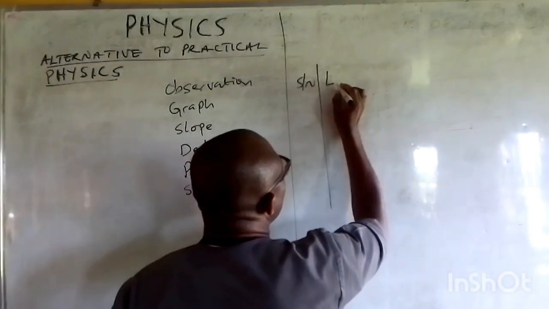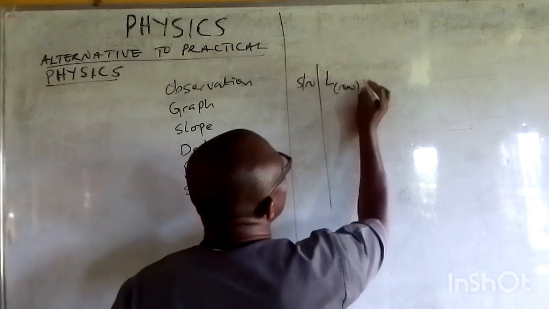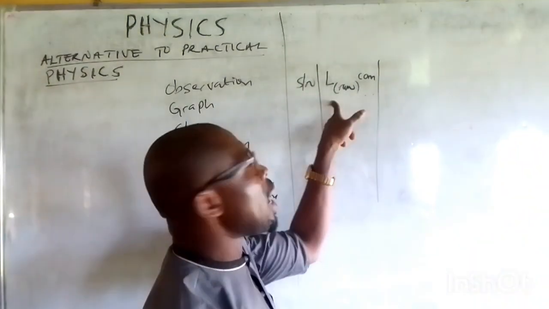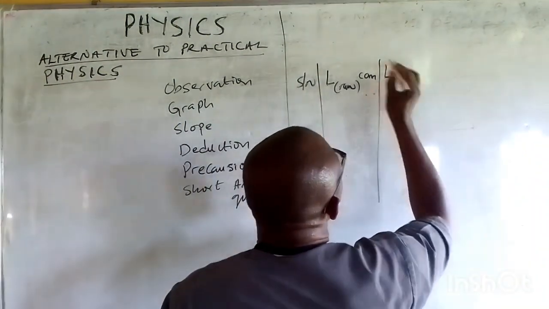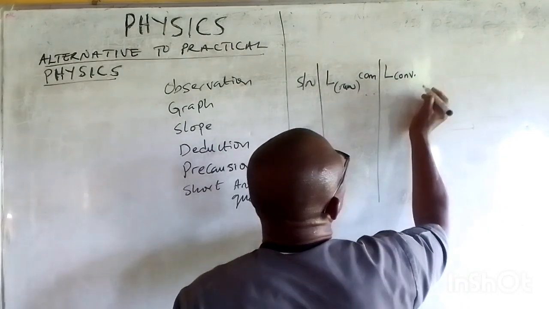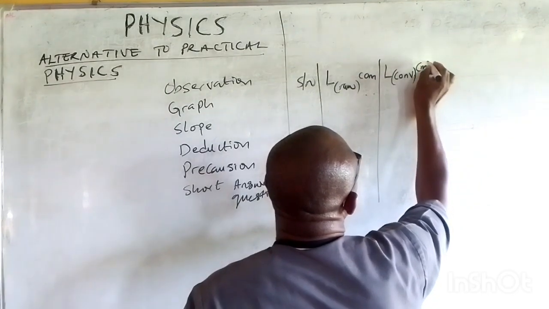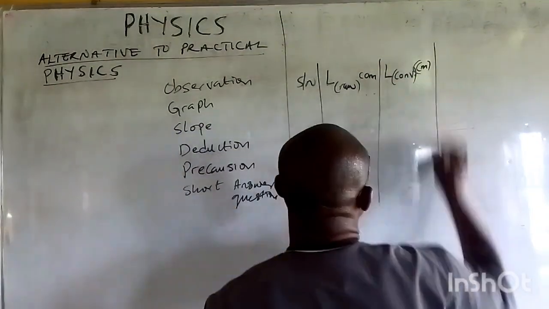So we have length, raw value, in centimeter. After recording this raw value, the next one is length, converted (CONV). Still in centimeter, make sure you put down your SI unit.